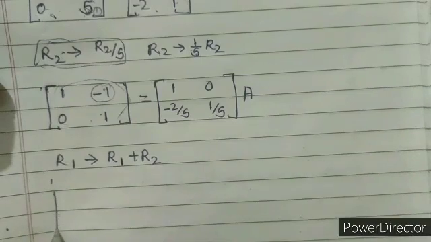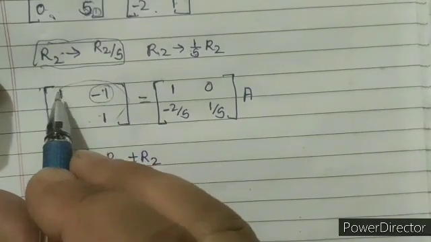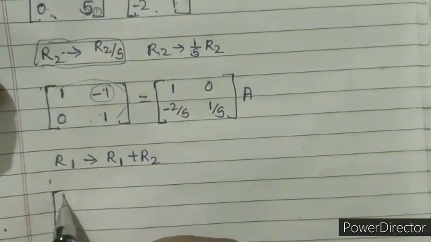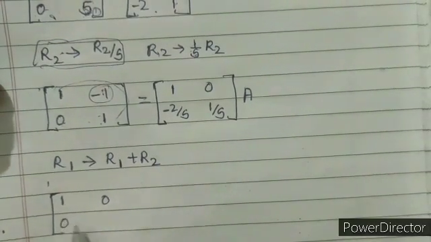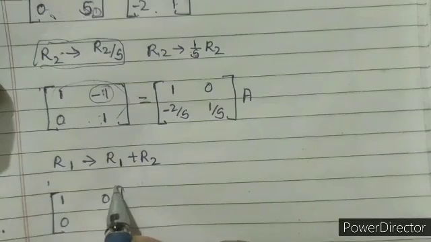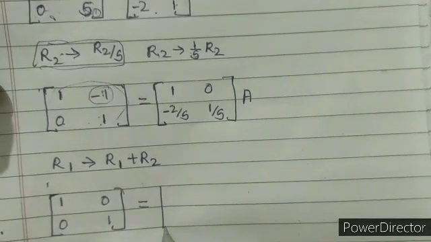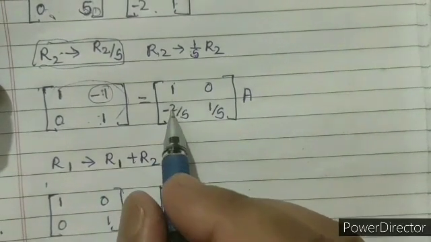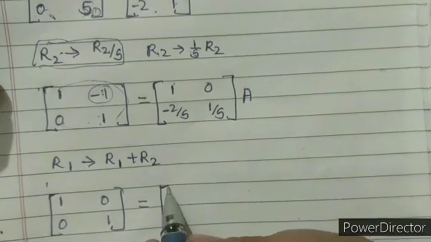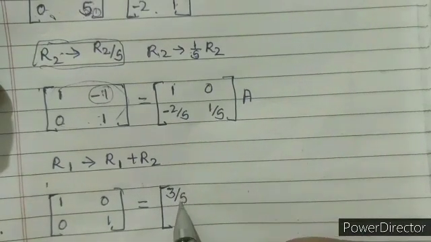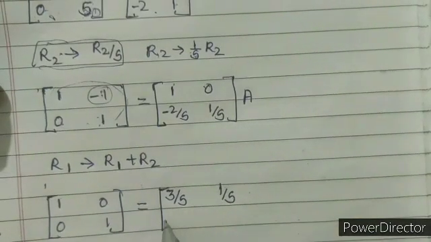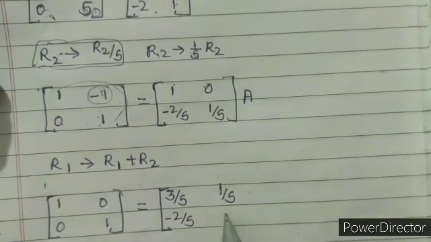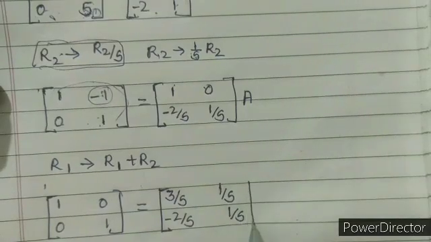Now we are converting row 1. 1 plus 0 will be 1. Minus 1 plus 1 will give us 0. And row 2 will remain the same. Here also, 1 plus minus 2 upon 5 will be 3 upon 5. 0 plus 1 upon 5 will be equal to 1 upon 5. And the second row will remain the same.